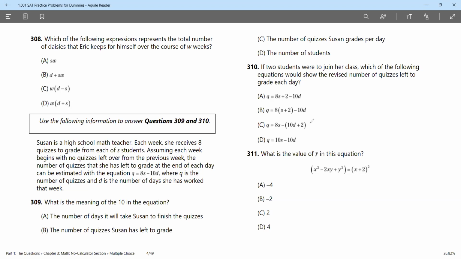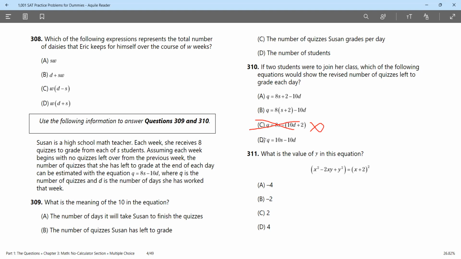Of course the choice will not be C, and of course it will not be D. Now see, C is far away. Why? Because when you add 2 to 10D, D is the number of days, and 10D represents the number of quizzes graded every day, so this has no relation to students.